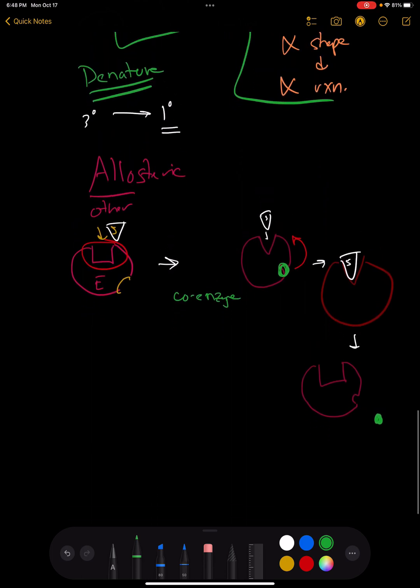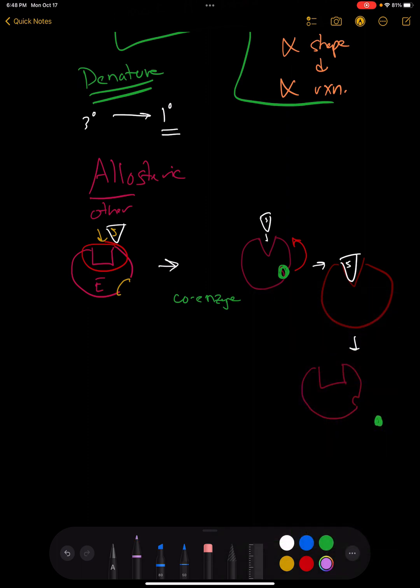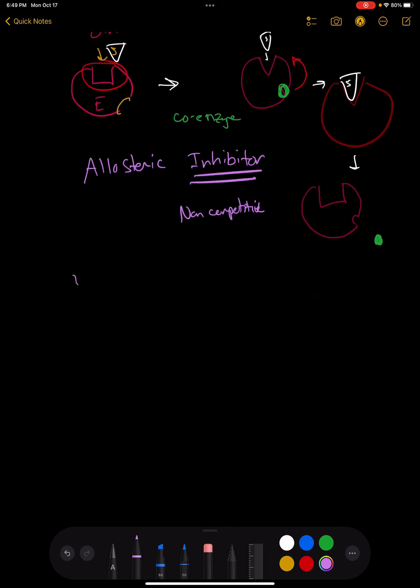Then allosteric actually has kind of a proper name. This is an allosteric inhibitor, because everything was inhibited until, or this is non-competitive. And then I also have competitive inhibitors.